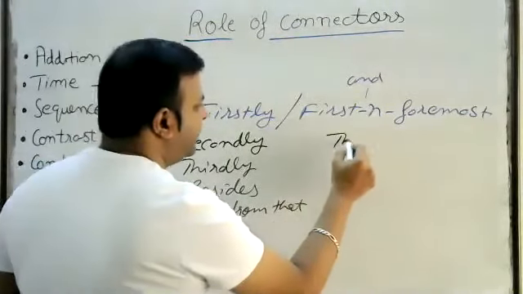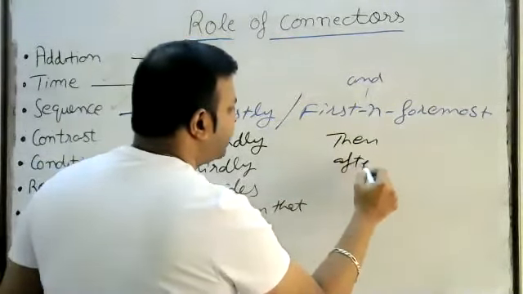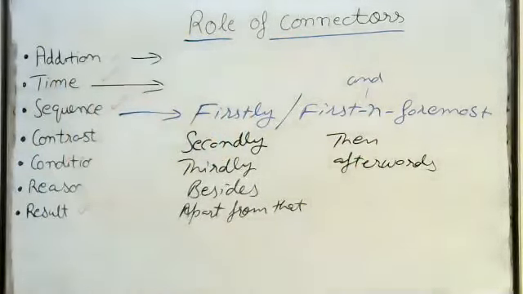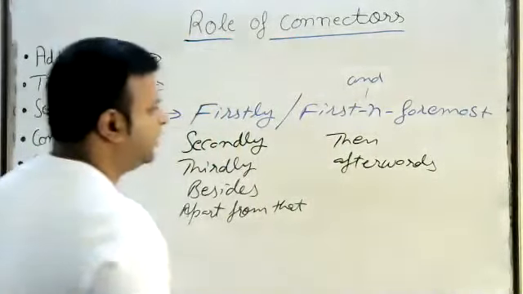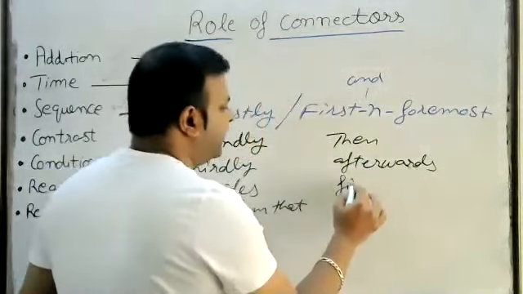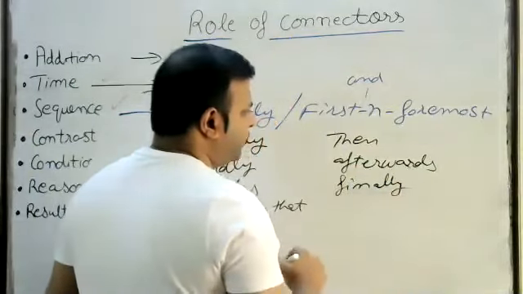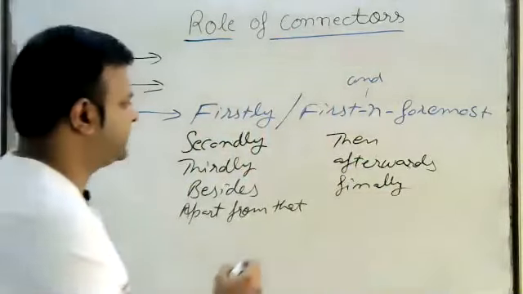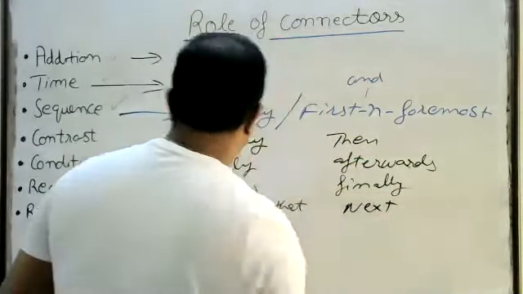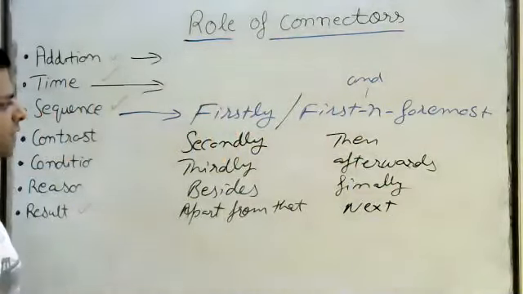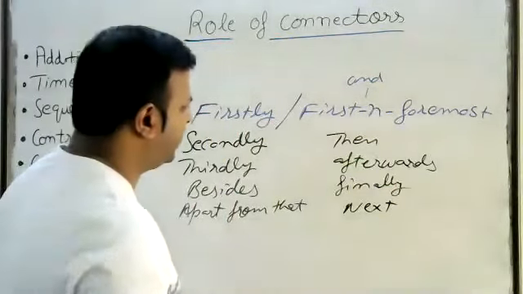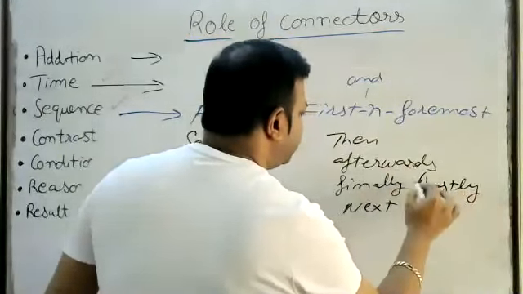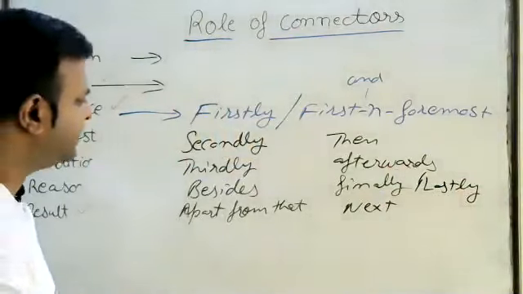Then you can also have then, after, afterwards, finally. Next, you can also use next. There are others also, like lastly, even finally, lastly. Okay, so these are the sequence words.